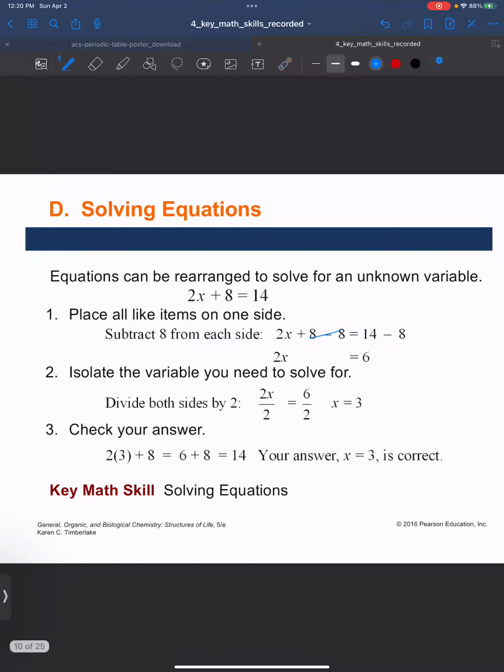So now I have 2x = 6. You then isolate the variable you need to solve for, so divide both sides by 2. The 2 cancels out on the left, and we get x = 6 divided by 2, which is 3. You could always check your answer by plugging it into the original equation to verify that your answer is correct.